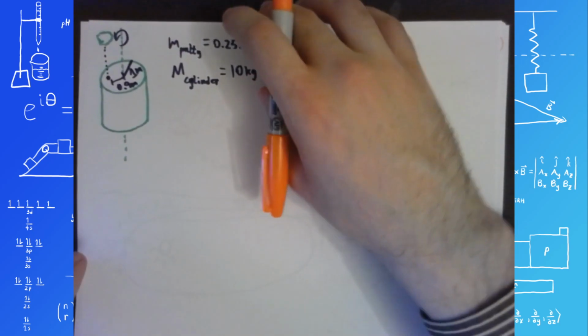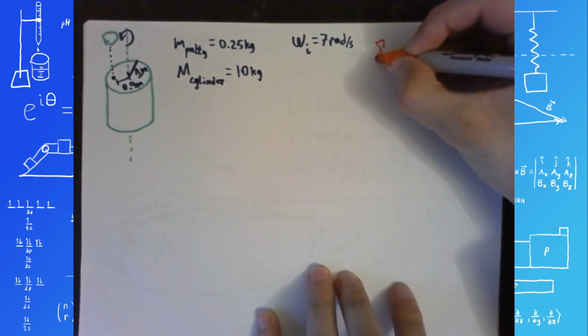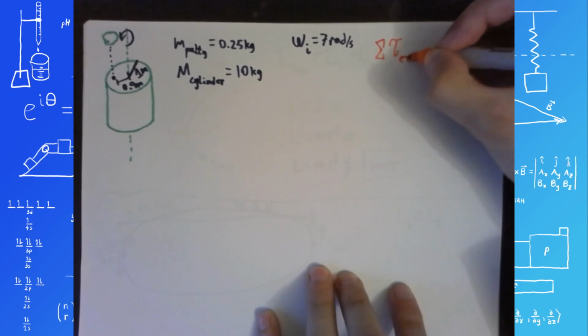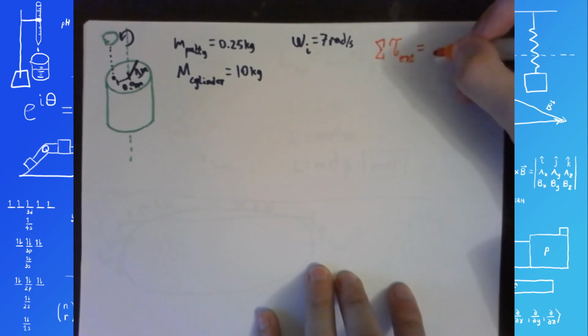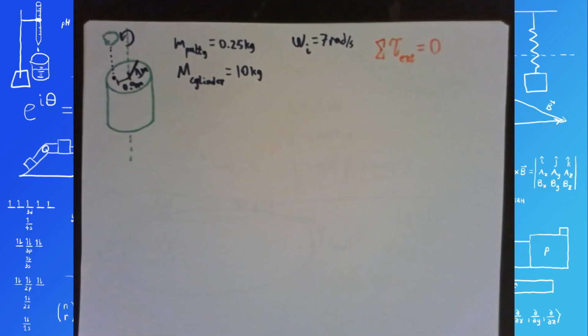How do I know that the angular momentum is conserved here? Well, the condition for angular momentum to be conserved is that the net external torque is equal to 0. If there's no net external torque being exerted on the system, then the angular momentum of the system is conserved.